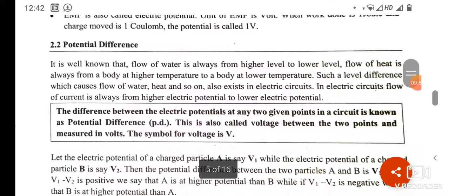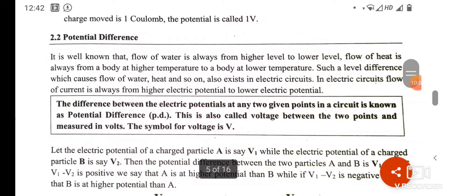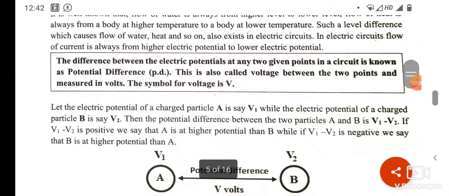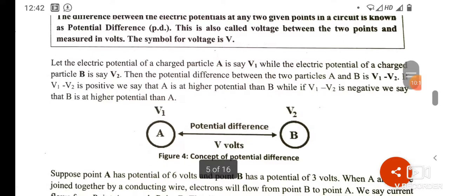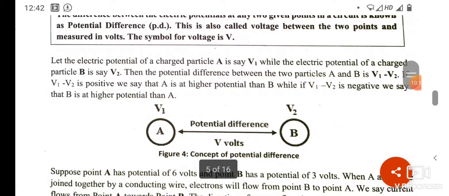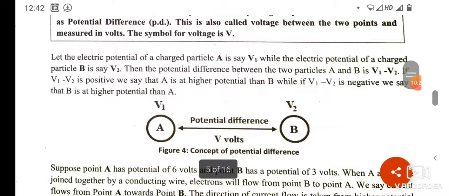Then what is potential difference? The difference between the electric potential at any two given points. Let us consider 2 points A and B. A is having a potential V1 and B is having a potential V2. If V1 is higher than V2, there will be a charge flow from higher potential to lower potential, that is V1 to V2.